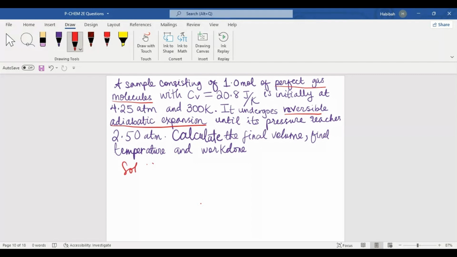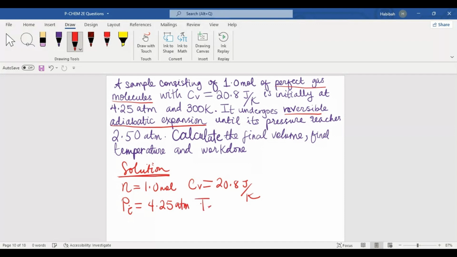Next, we're going to write out the parameters and see what we're given and what we have to do to start solving. We're given the number of moles to be 1.0 mole. We're given the heat capacity at constant volume, CV, to equal 20.8 joule per Kelvin. We're told the initial pressure is 4.25 atmosphere and the initial temperature is 300 Kelvin.